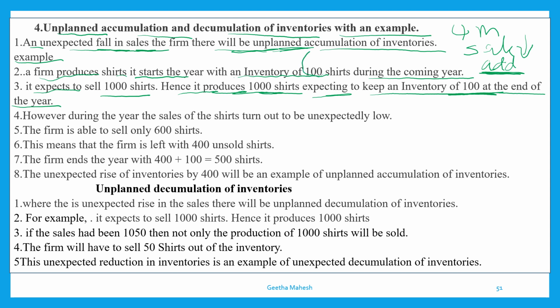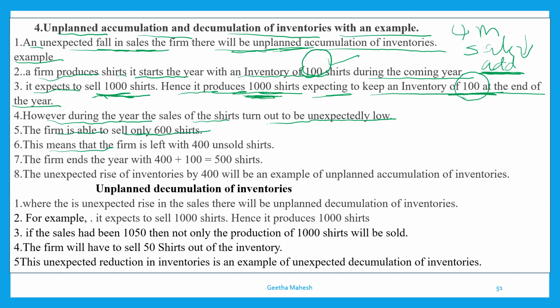In the stock, how much? 100 shirts were there, and it wanted to keep only 100 shirts in the inventory, and it wanted to sell 1000 shirts. So it is going to produce only 1000 shirts, as inventory is maintained at 100 shirts. However, during the year, sales of the shirts turned out to be unexpectedly low. The firm is able to sell only 600 shirts.